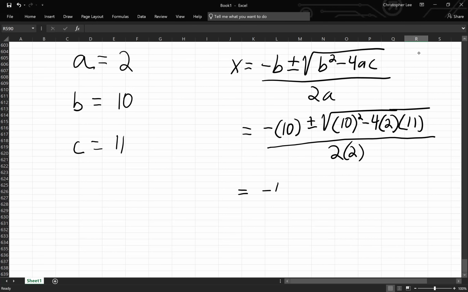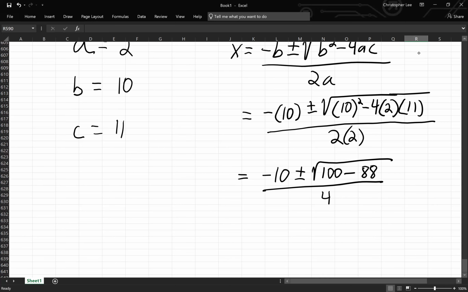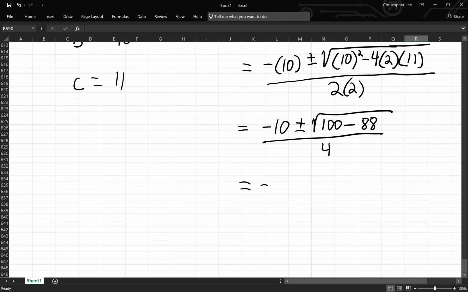This is going to be negative 10 plus or minus the square root of 100 minus, what's that, 88, all over 4, right? So let's call this negative 10 plus or minus the square root of 12, I believe, all over 4.